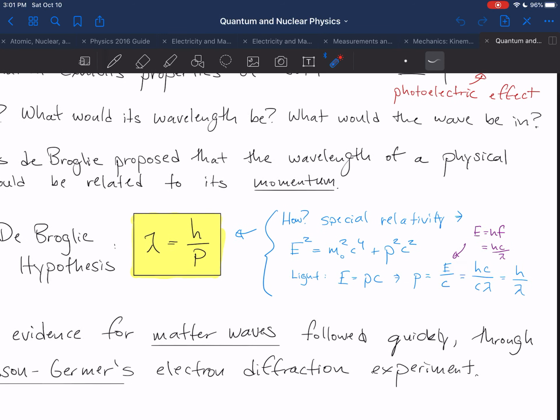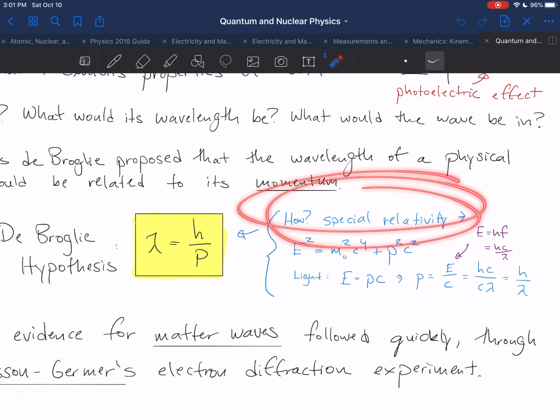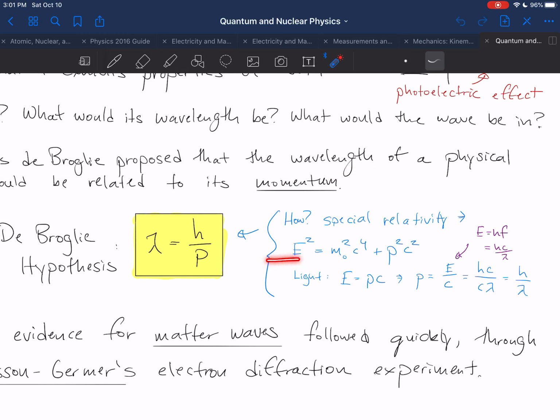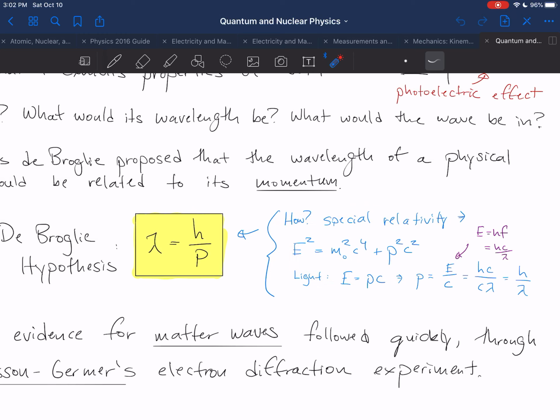So a brief digression. As you might remember in special relativity, one of the equations derived is the relationship between energy, the rest mass, and the momentum. And this is the real version of an equation many of you have memorized in popular science, which is E equals mc squared.